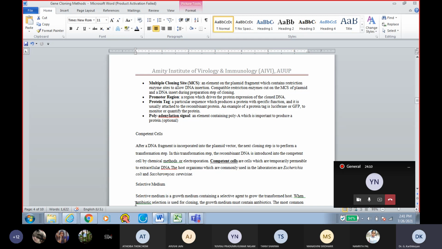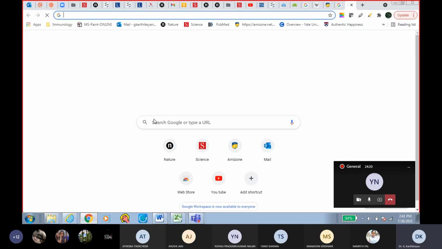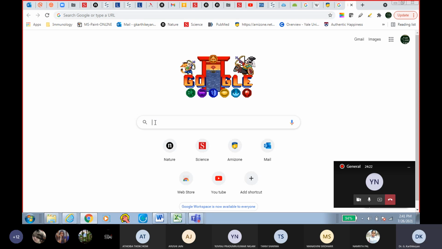I thought I could show you how the plasmid structure will look, but I think we had seen this earlier, last semester.